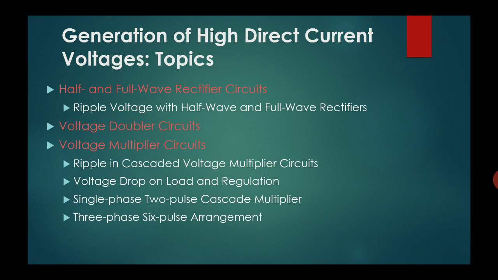So what is the voltage drop when there is a load in this circuit. Then we'll talk about the two different types of multiplier circuit: single phase 2 pulse cascade multiplier and 3 phase 6 pulse cascade multiplier. Okay, so we'll start with the half and full wave rectifier circuits.